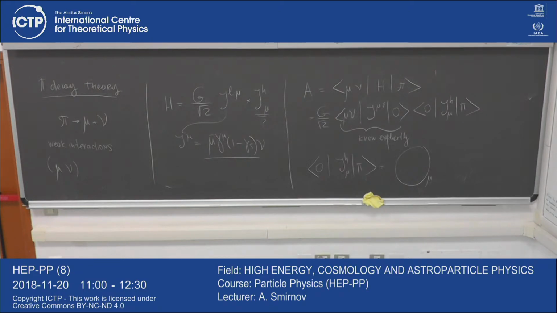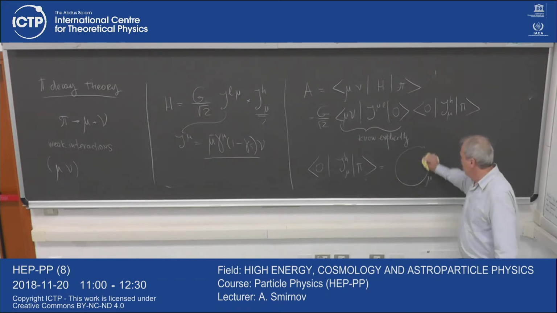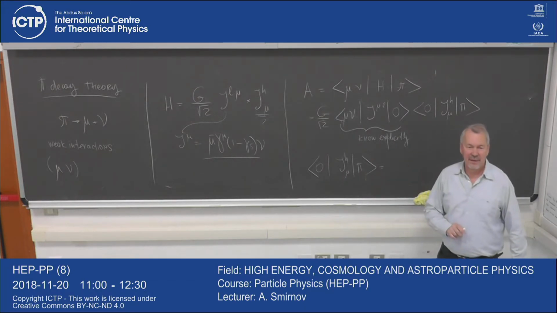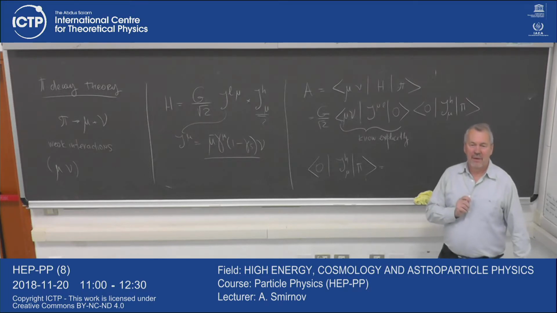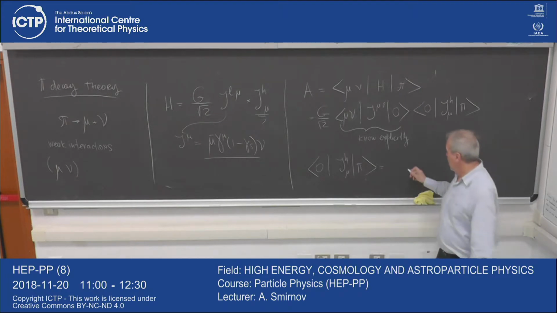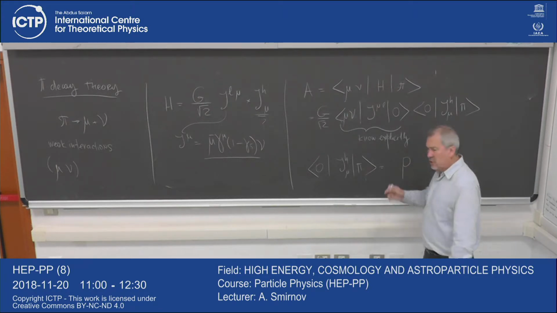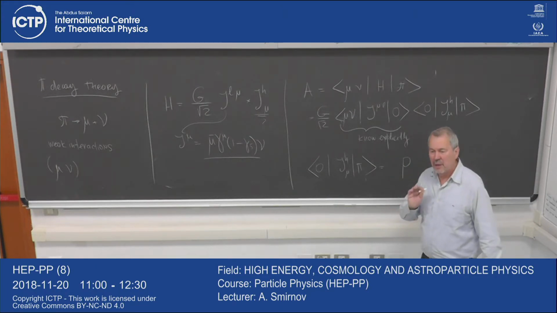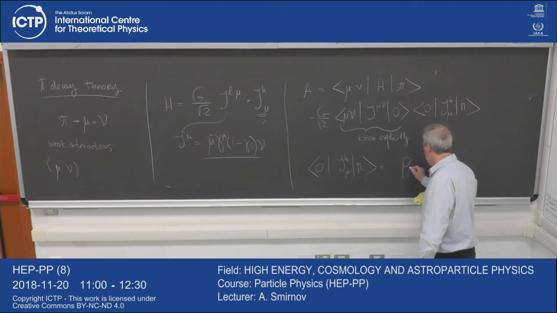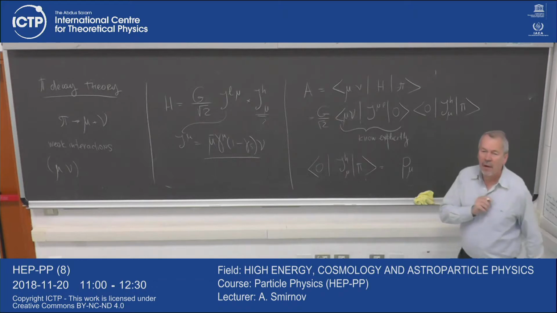Yeah, right. So simple, right? And no way you have to have something else, because the only thing that is here is pi. The only kinematical variable is then the momentum of pi. And so this is a completely precise statement. So that should be proportional to p mu.